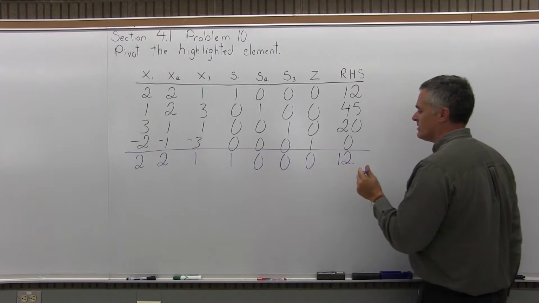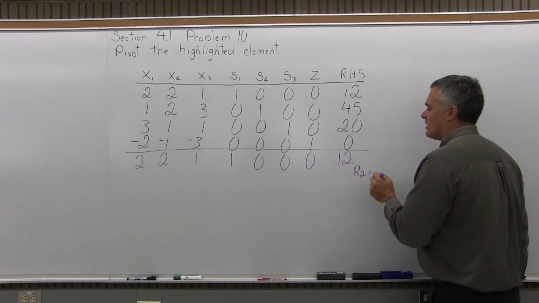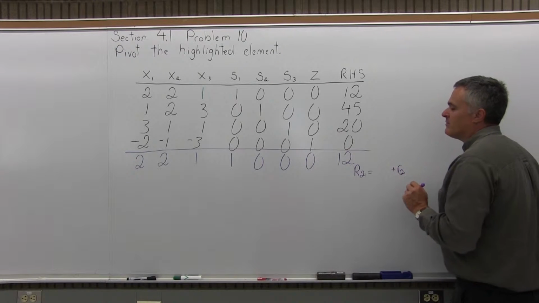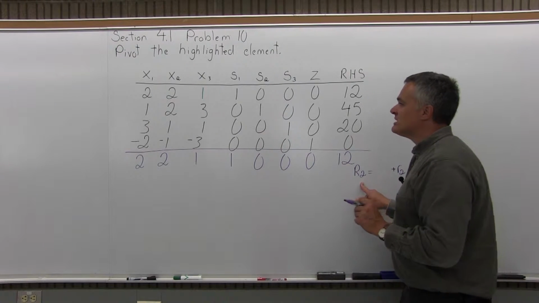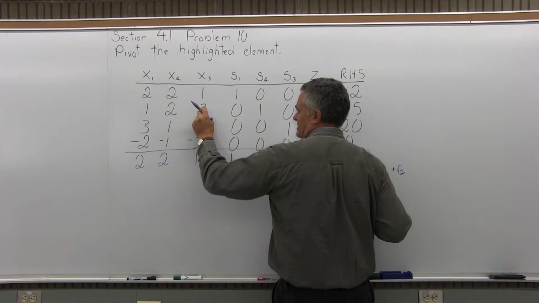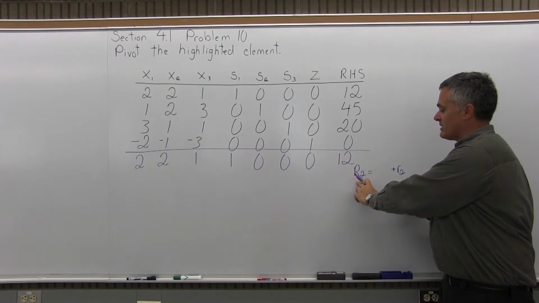So I'm working in row 2. Next to row 2, I'm going to write an equation that determines how I get my new row 2: row 2 equals some stuff plus the old row 2. It starts with row 2 because the value I'm turning into a 0 is in row 2, and it ends with row 2 because it should start and end with the same row.